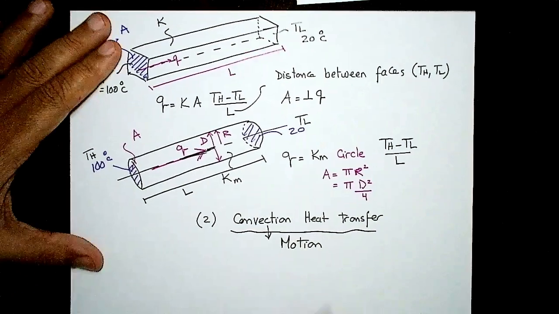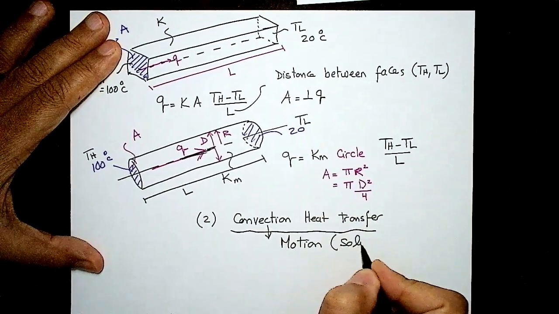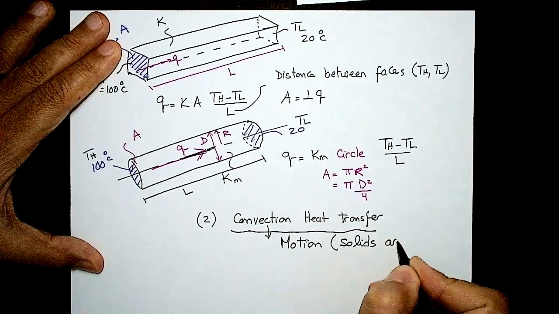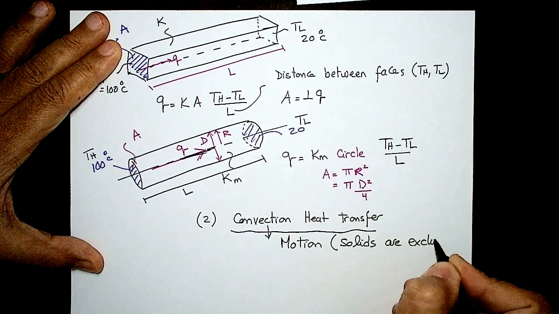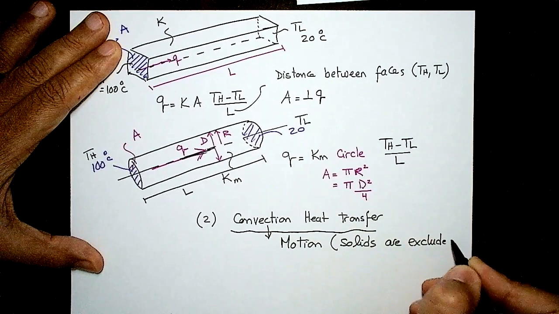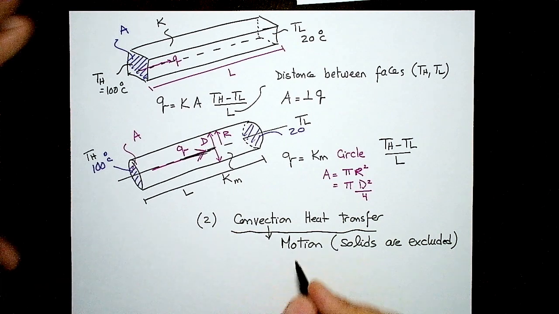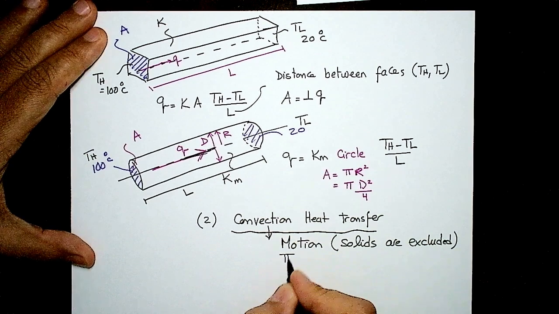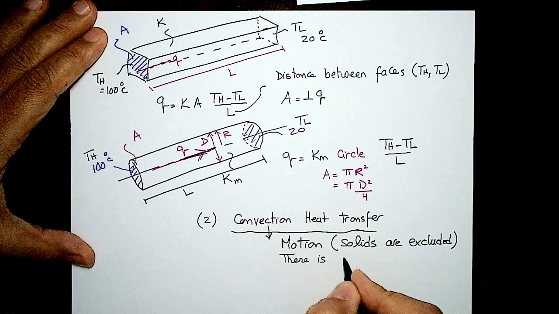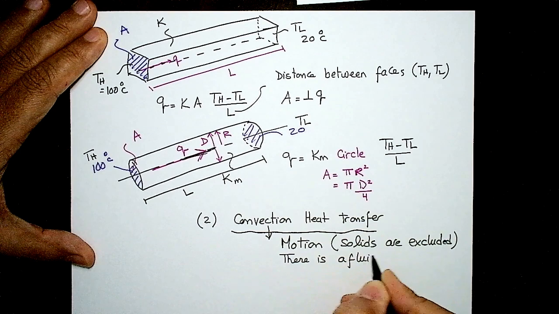What does that mean? It means that solids are excluded. So I cannot just have a solid doing convection heat transfer by itself, unless I actually melt it down, like with liquid metals, okay? But usually there is a fluid motion involved.